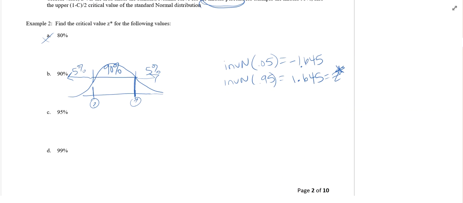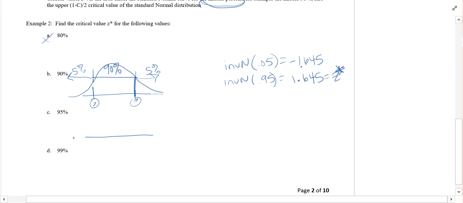So let's try a couple more. These are the most common ones to see. Okay, 95%, we're talking about the middle 95%. Again, think about what's on each side. There's 5% left over, and we split it between two sides. So this is 2.5% and 2.5%. So we're doing inverse norm.